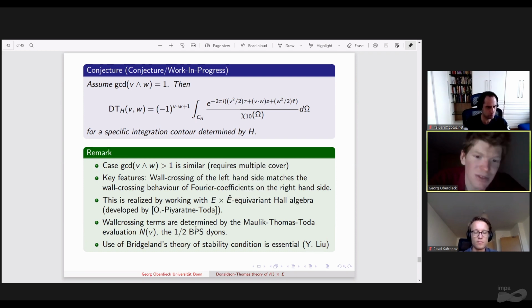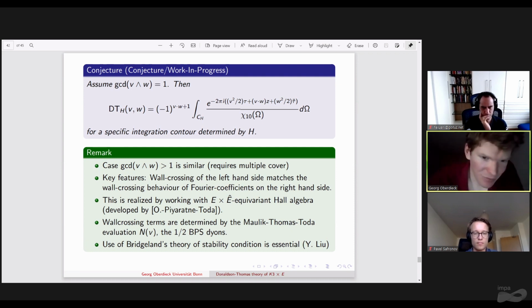So these half BPS lines really correspond to the Maulik-Thomas-Toda counts that we had before, and in some sense, this wall crossing formula in this E times E-hat equivariant Hall algebra then states that two half BPS lines can form, or contribute, or however one calls that, to a quarter BPS line count.